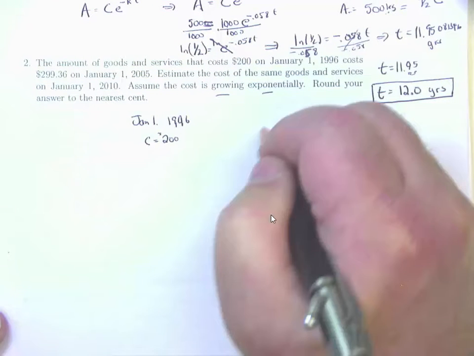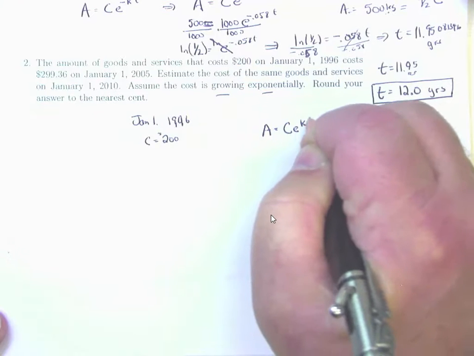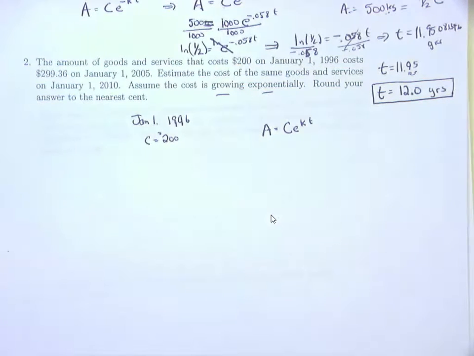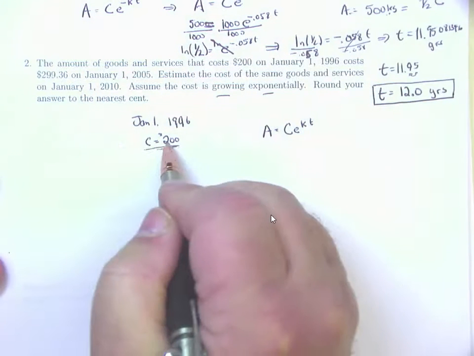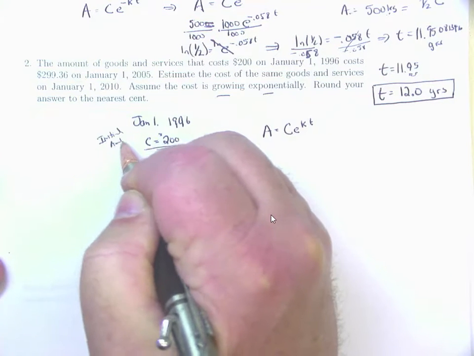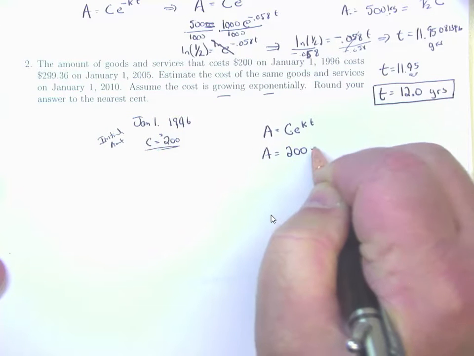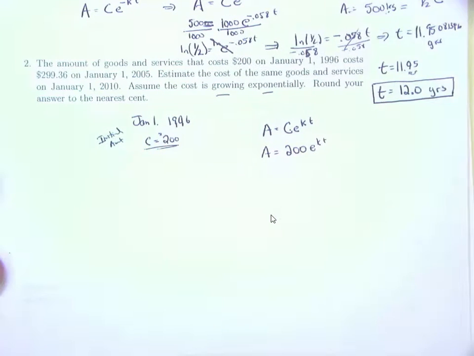My formula is A or Y equals C e to the KT, but here K is going to be positive. And they didn't give me K, so I'm going to have to go find it. But I know what C is. C is the initial amount, and that goes here. So A is equal to 200 e to the KT, and we're measuring from 1996.